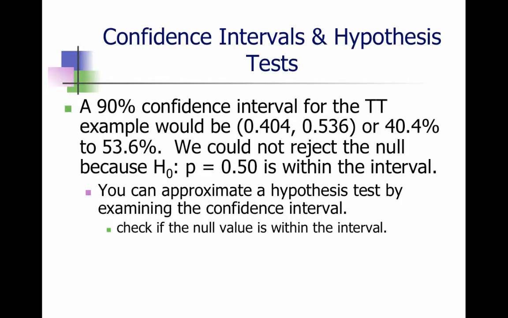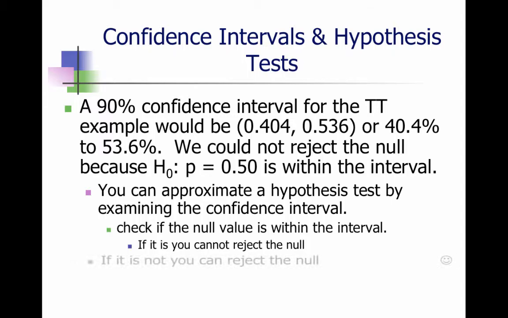If it is within the interval, then that value could be true, which means we fail to reject our null hypothesis. If that value is outside of the interval, then that value wouldn't be true, so we would reject it. So again, if it is within the interval, you cannot reject the null hypothesis. If it is not in the interval, you can reject the null hypothesis.